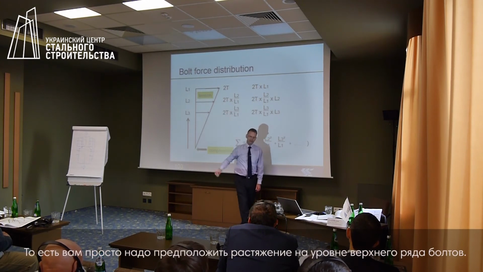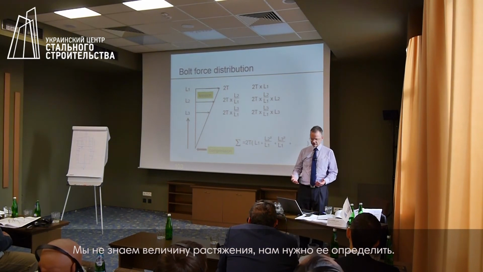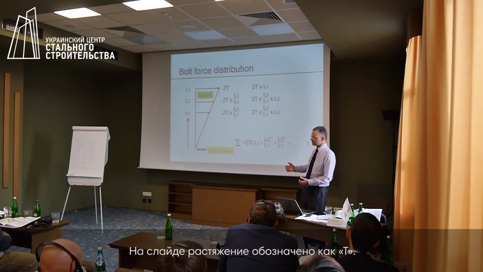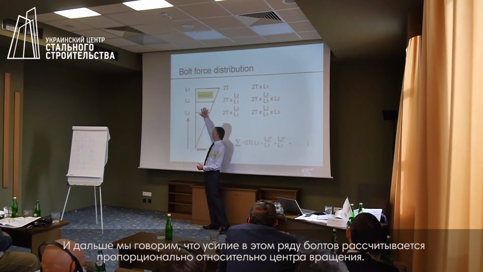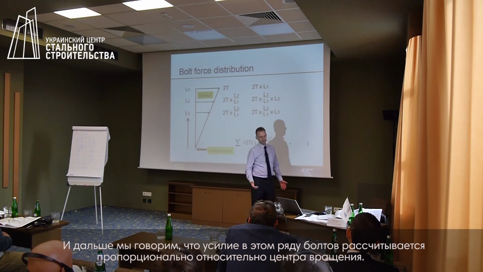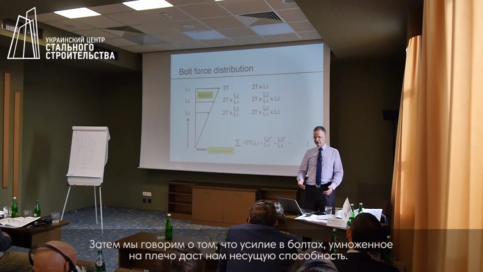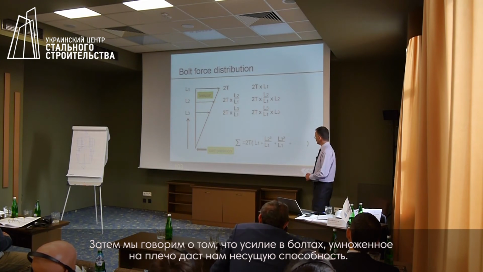So you simply allocate a tension to the top row of bolts. We don't know what the tension is, it's unknown, so here it's described as T for tension. Then we say, okay, the force in this row of bolts is just determined on the basis of the proportion from the centre of rotation. And then we say the force in the bolt multiplied by a lever arm gives us the resistance.